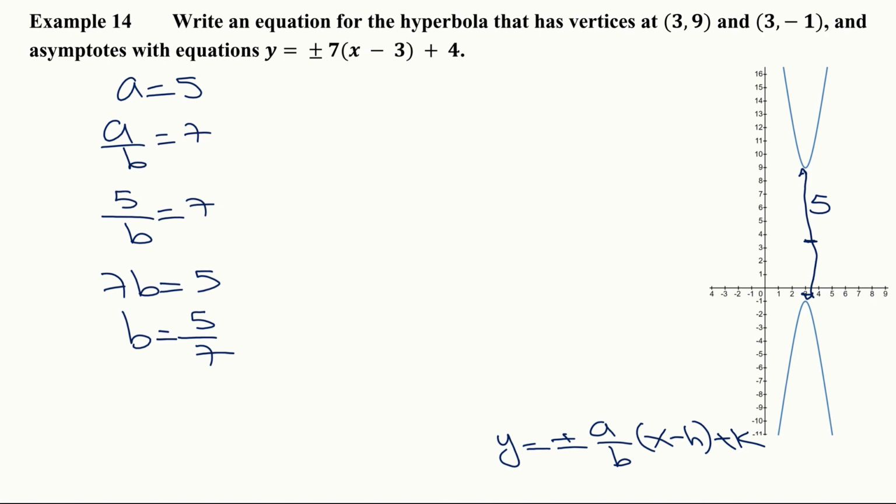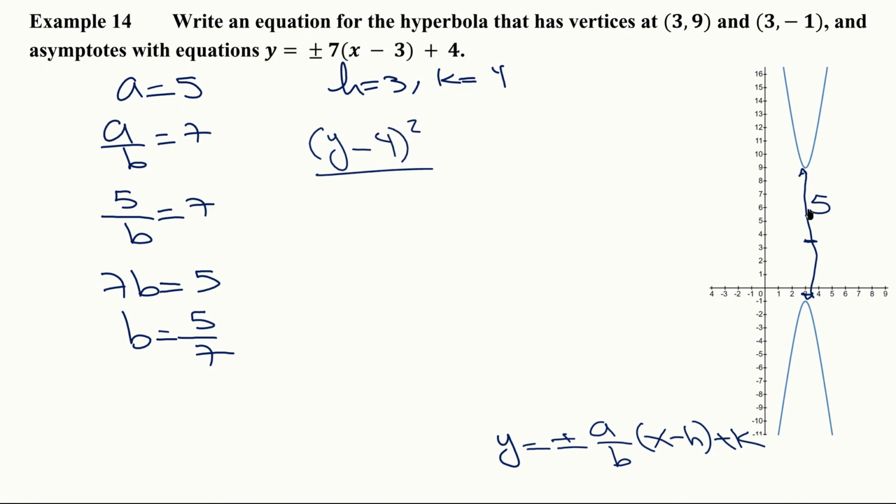I'm pretty much ready to write the equation, right? Because I know the h is going to be 3 from right here. k is 4. Well, actually, it's an up-down one. So actually, (y minus k), which is 4, squared over a squared.